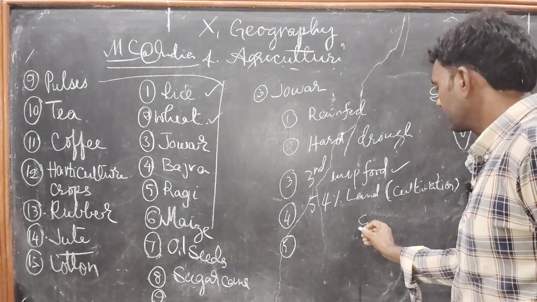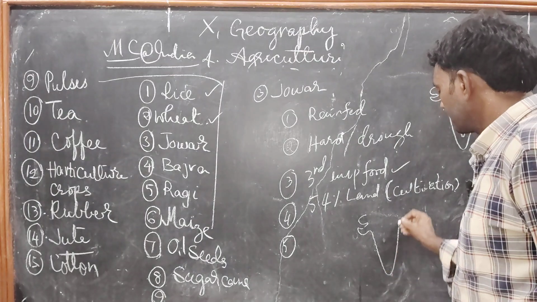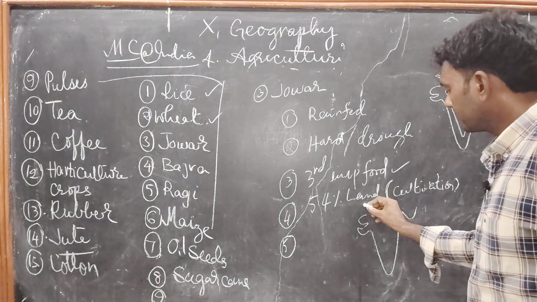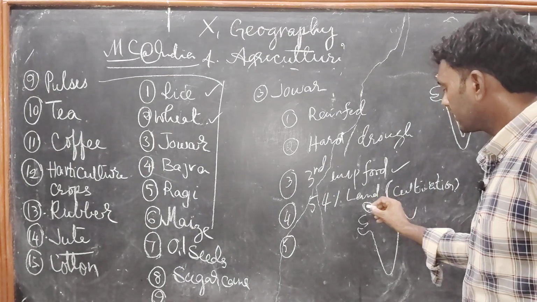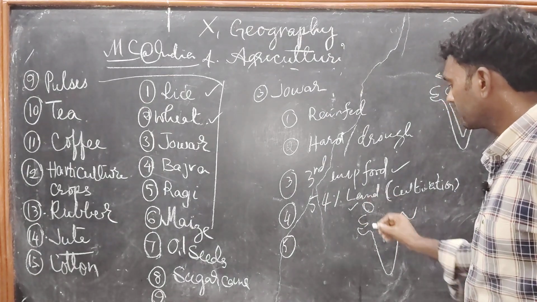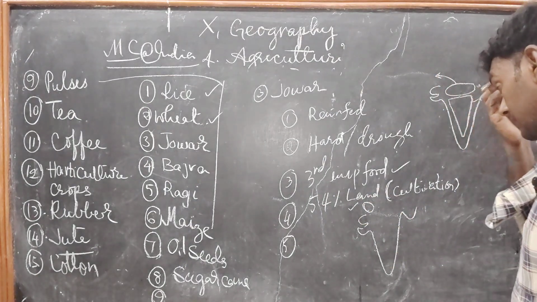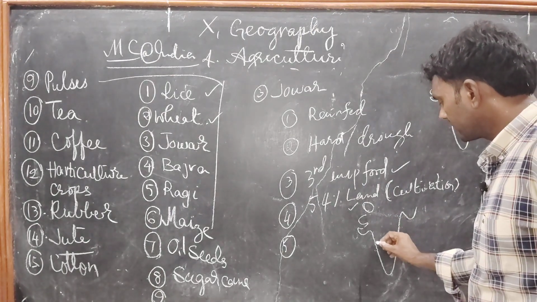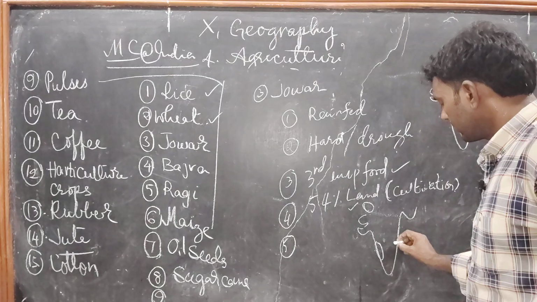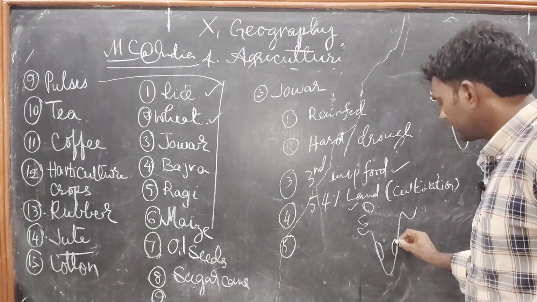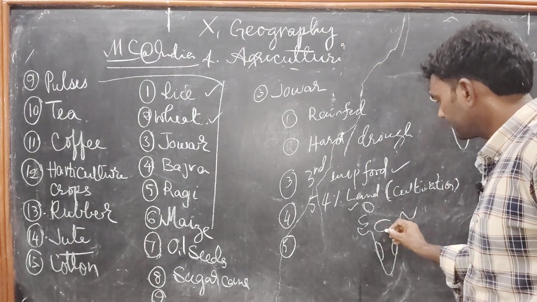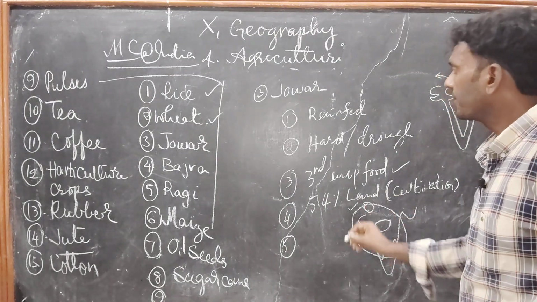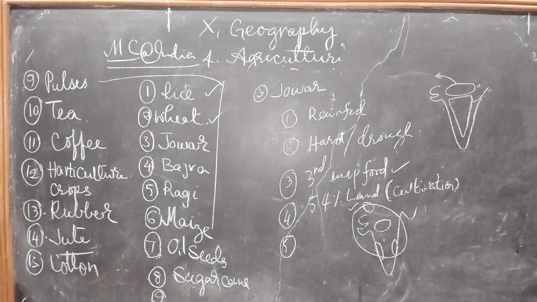See, Rajasthan area, Karnataka area, Andhra Pradesh, Madhya Pradesh. These areas are producing more amount of jowar.